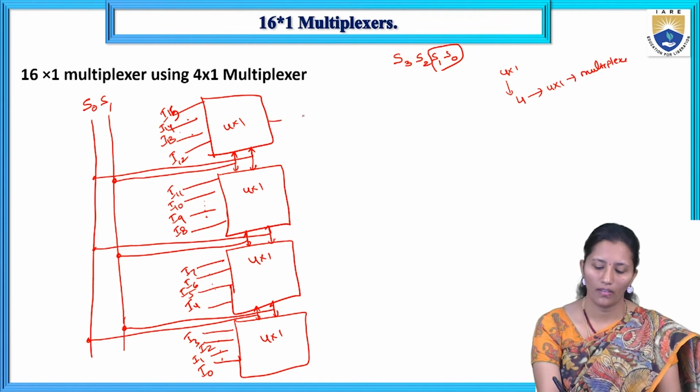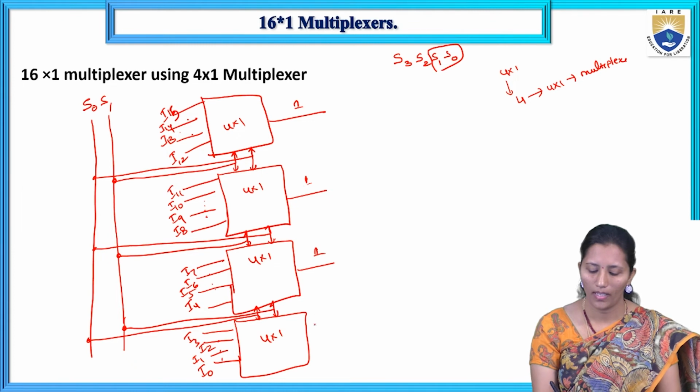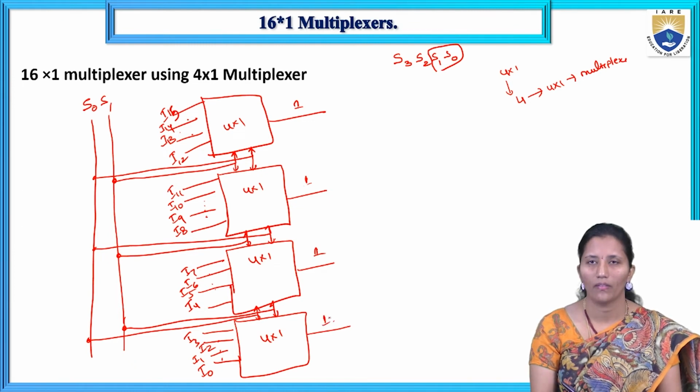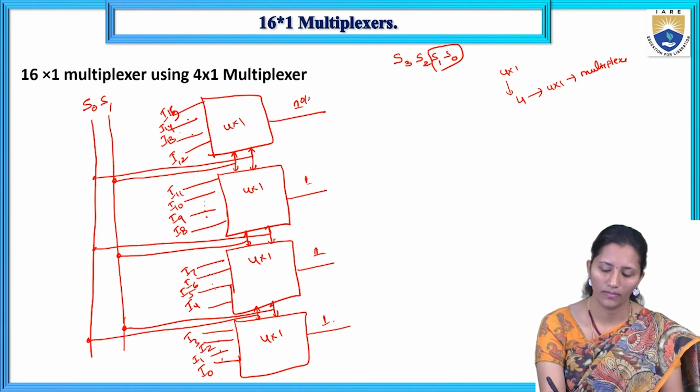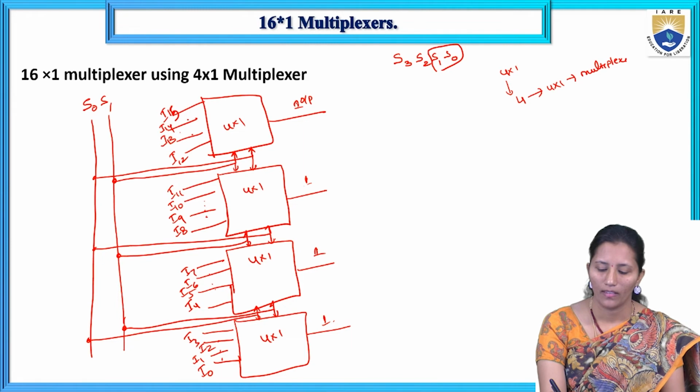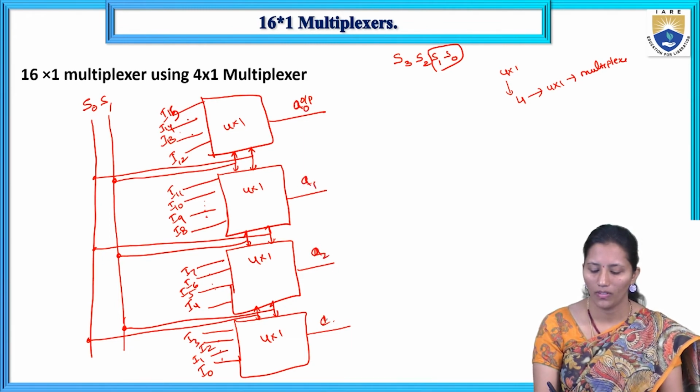Okay, so here we are going to get one output from each multiplexer. These outputs I am taking as A0, A1, A2, A3.